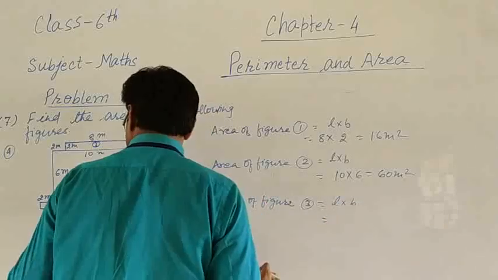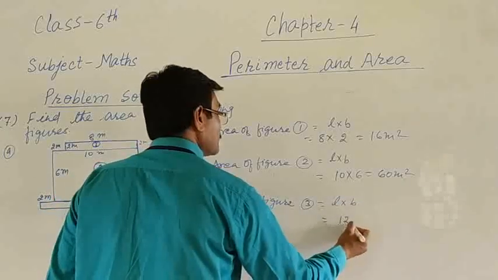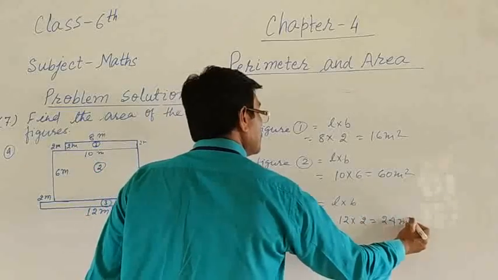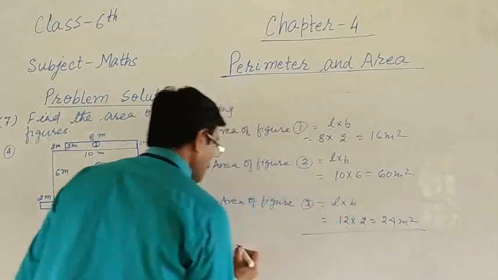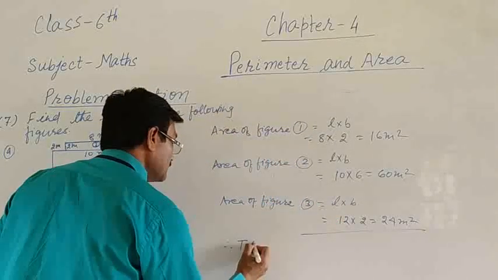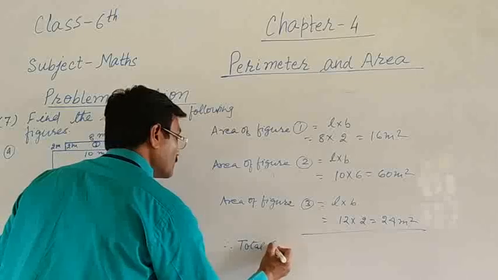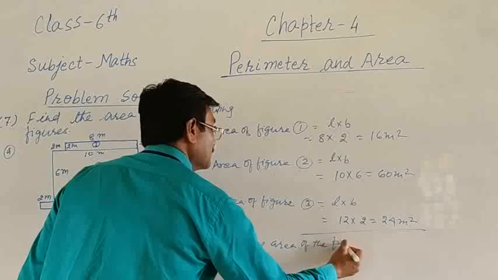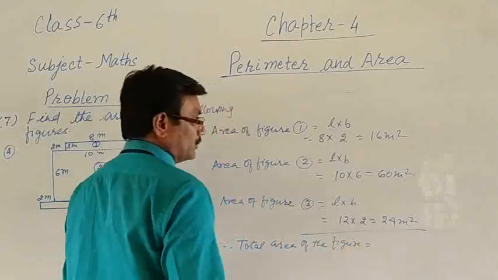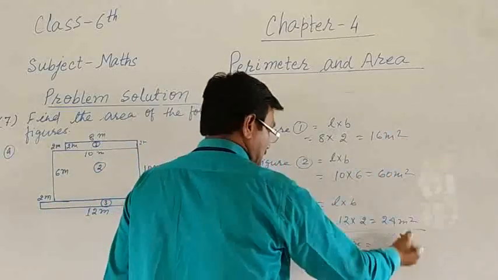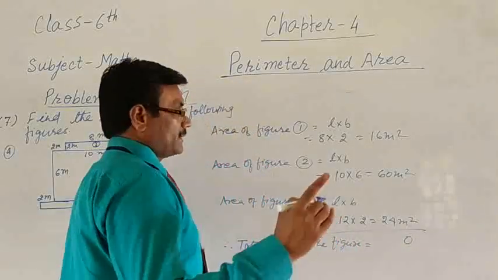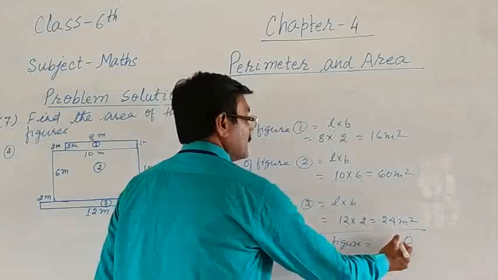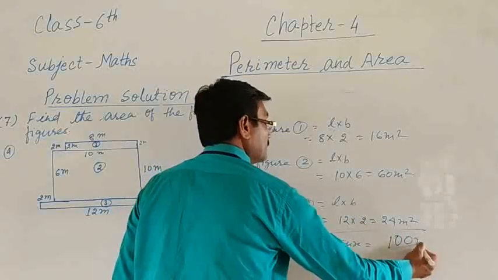So length is given 12 meter and breadth is 2 meter, means 24 meter square. Therefore, total area of the figure is equal to, add them, 6 and 4, 10, carry 1, 2, 6, 8 and 2, 10, means 100 meter square.